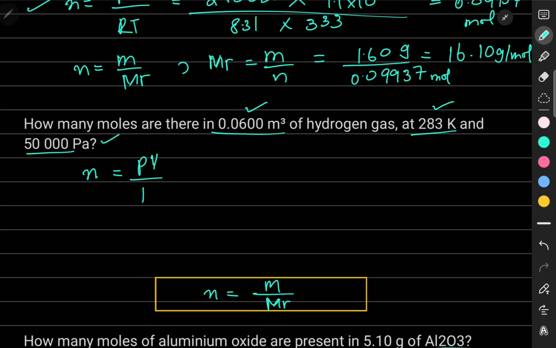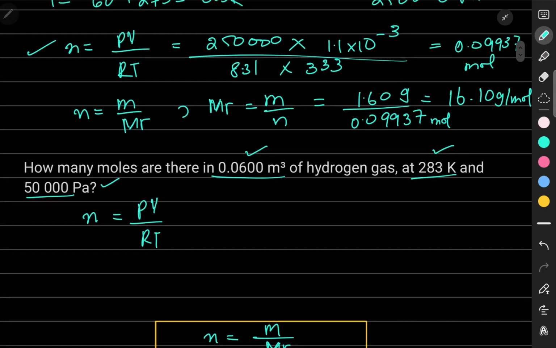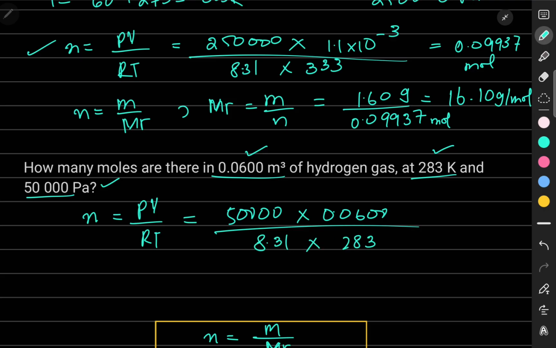So n equals PV over RT. The pressure here is 50,000 times the volume, which is 0.0600. Divide this whole thing by 8.31 times 283 kelvin, and put that in your calculator real quick.